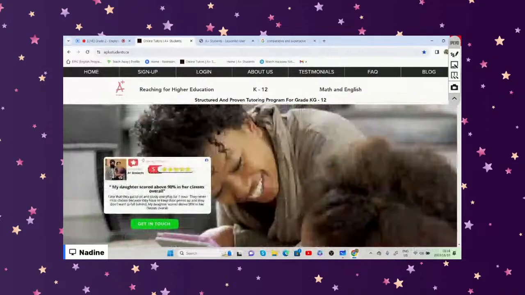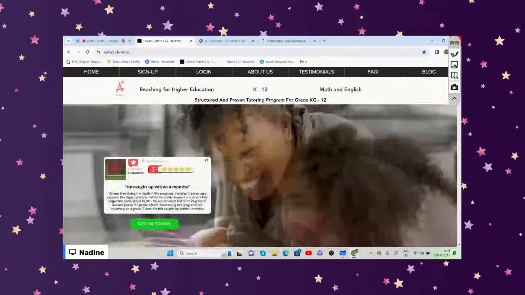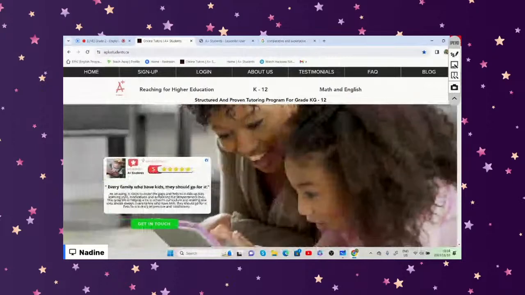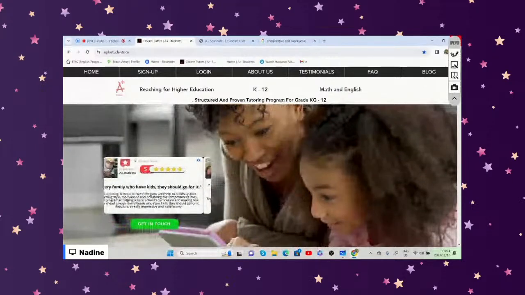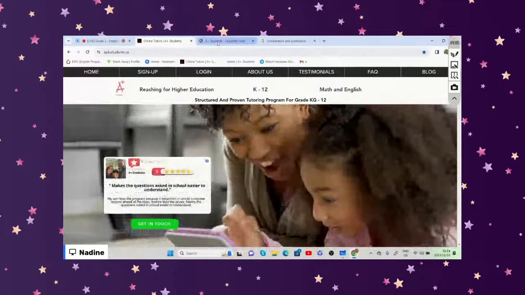After selecting grade 2, we're going to scroll down until we get to the chapter of adjectives that compare.